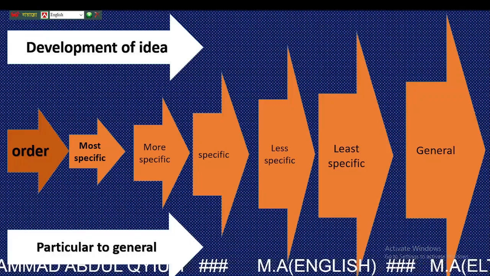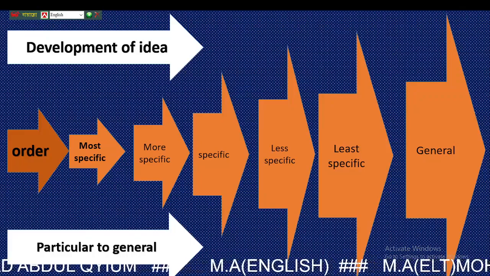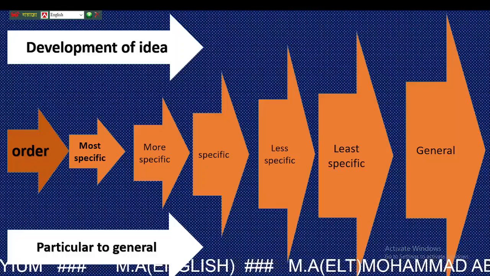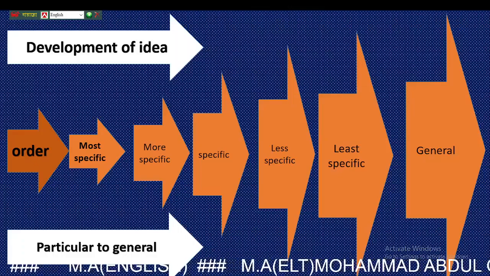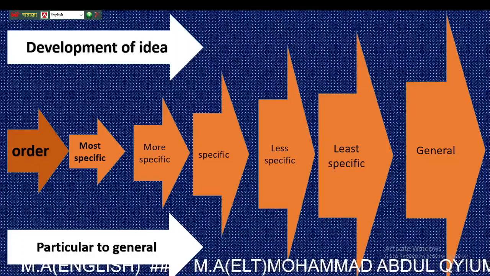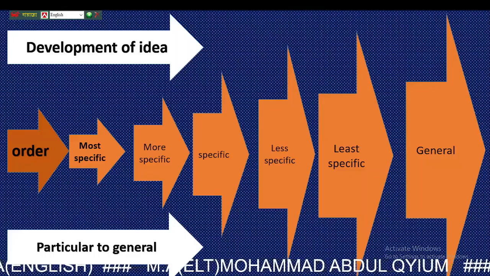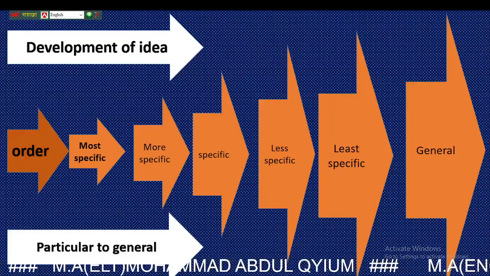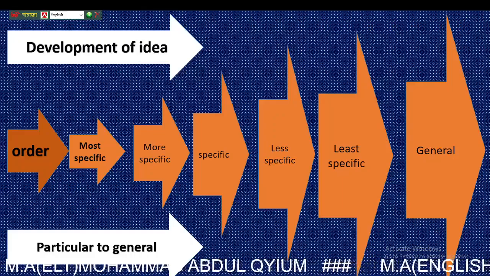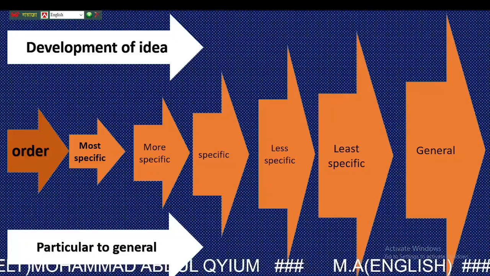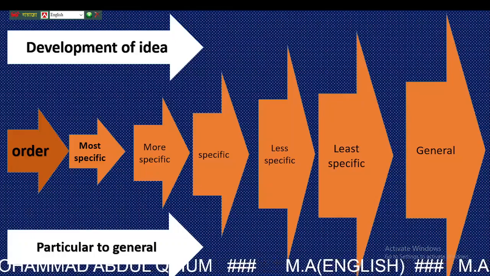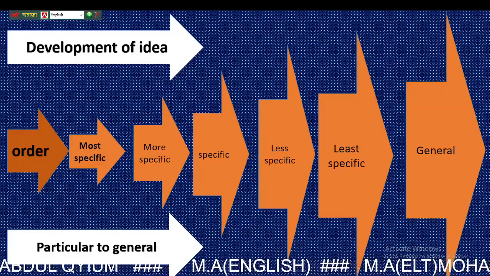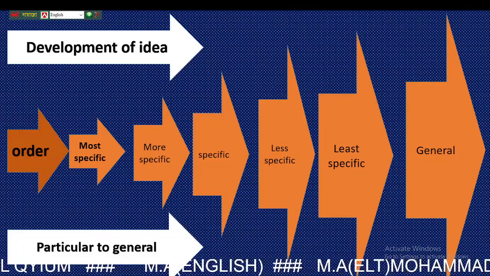However, general to particular is usual. We usually follow this order, and it will be easy for you. According to my suggestion, you could follow general to particular. First of all, you will give a general statement. For example, juvenile delinquency refers to criminal activities. Afterwards, you will give details of what these criminal activities are, one by one.